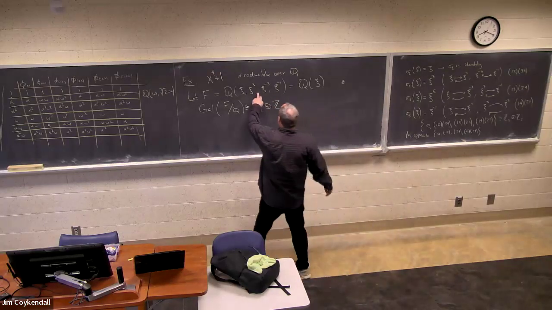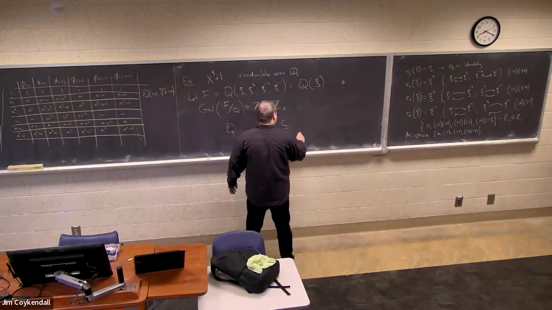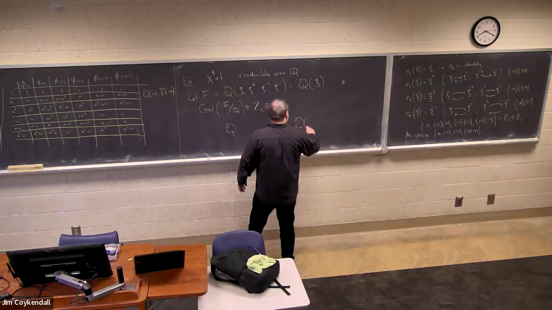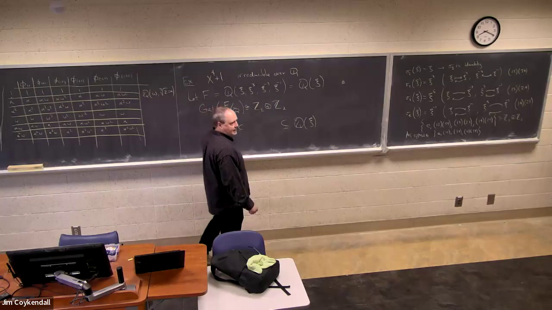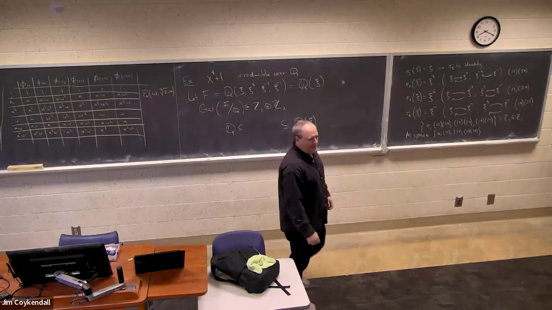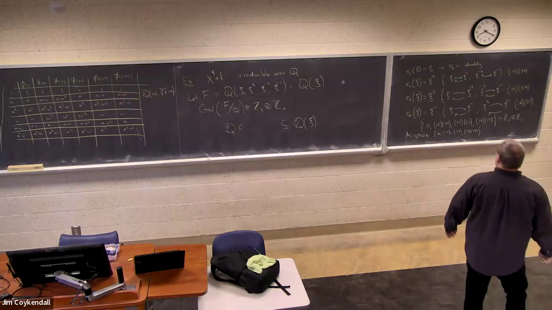By the way, does anybody see a subfield of this? So there's Q, and then there's F, Q adjoined the root here. There's actually an intermediate field here.